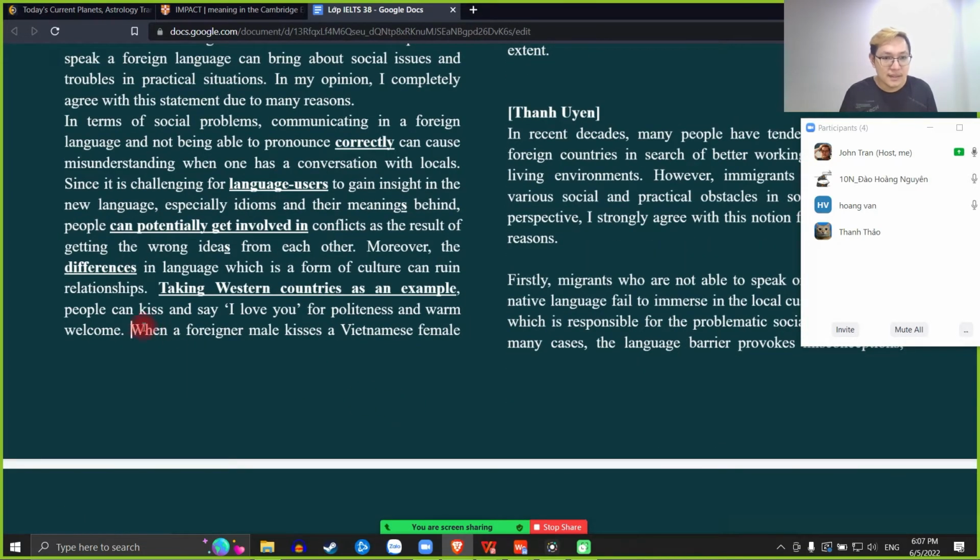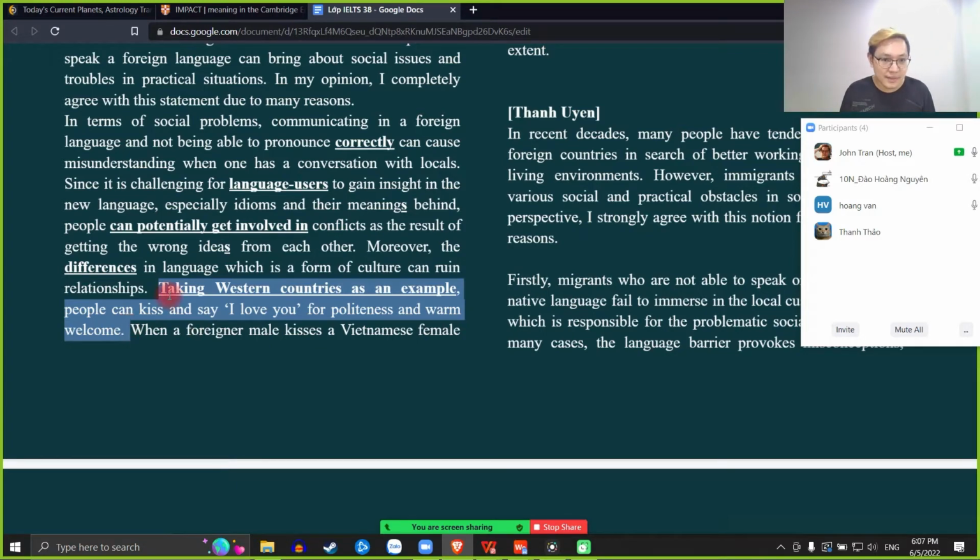Here you are presenting a different situation when you talk about a Vietnamese female, right? So this sentence and this sentence are quite different. Basically, it's better to use a conjunction.